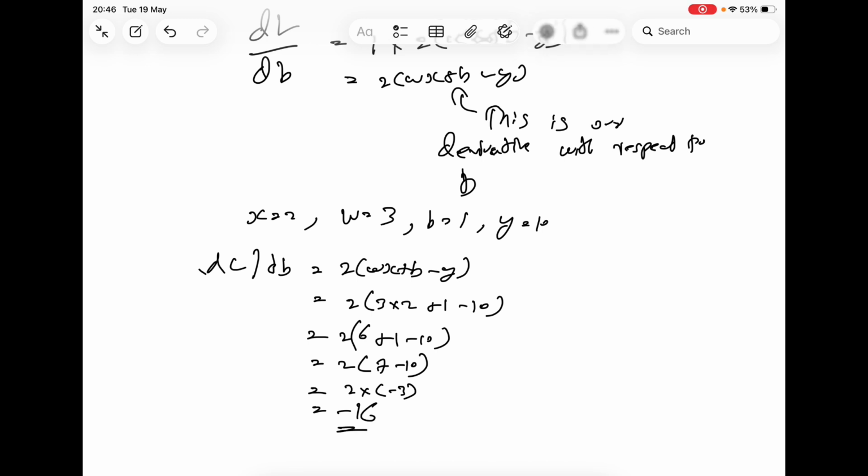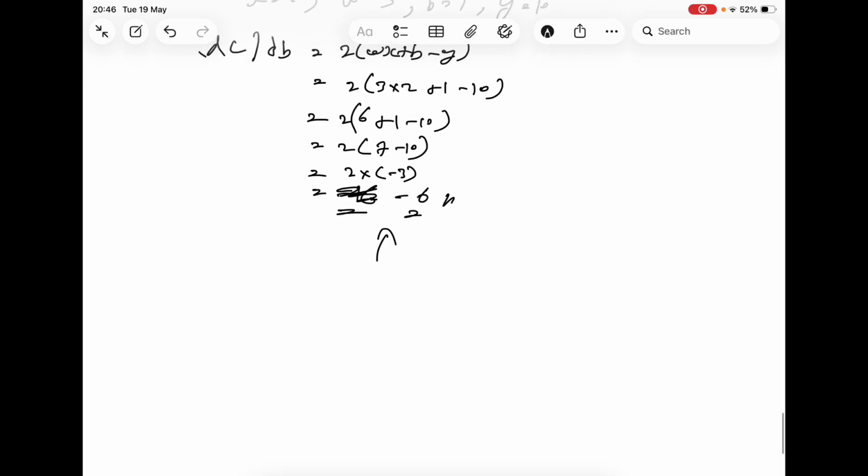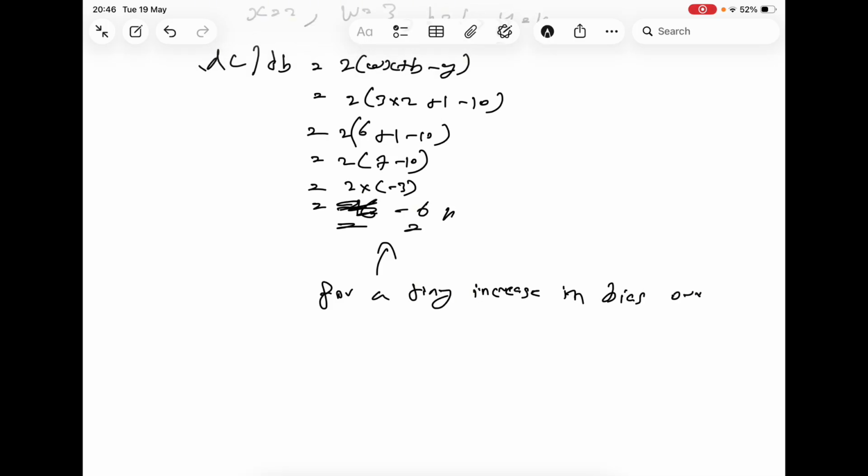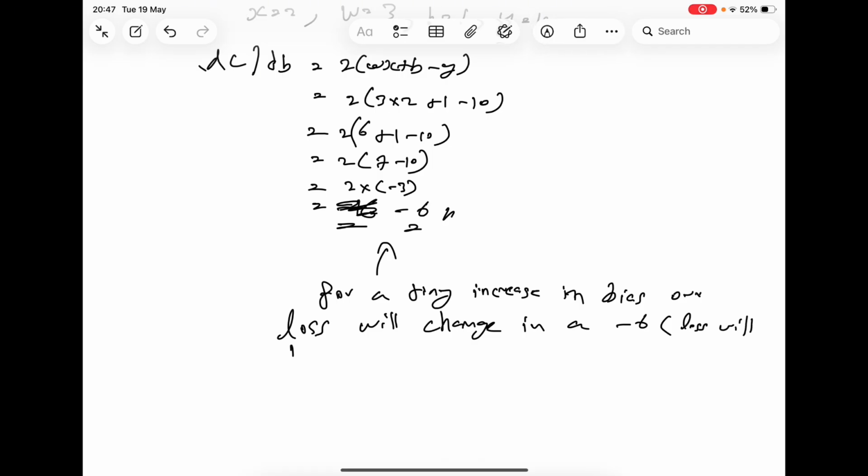So here the derivative is minus 6, which means for a tiny increase in bias our loss will change by minus 6, which means loss will reduce by 6, right? So that's why it's called minus 6.